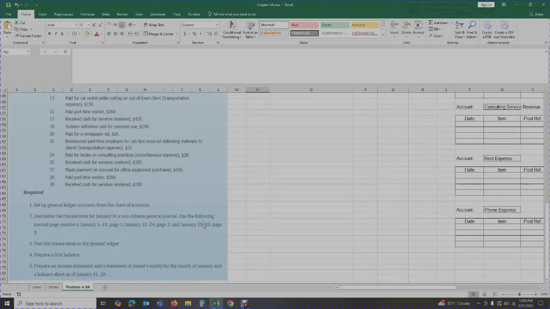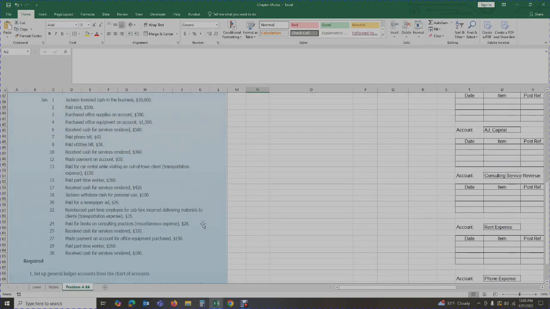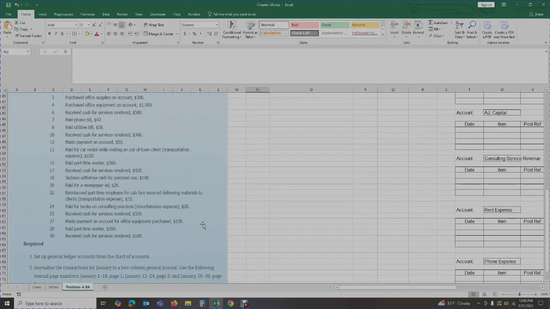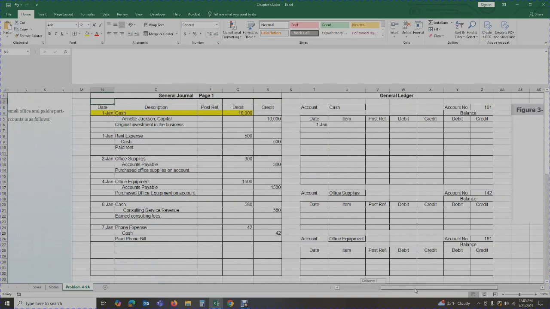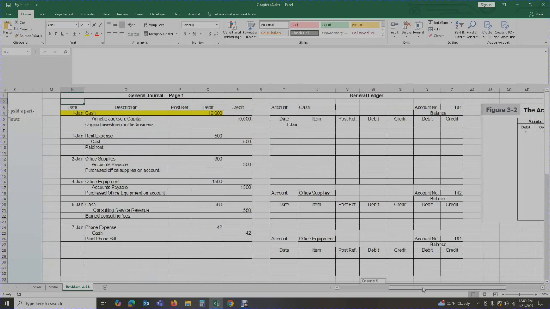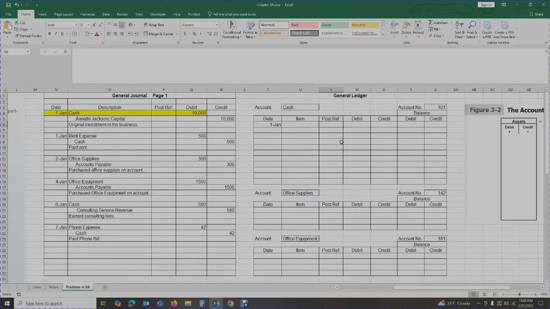So when you are working on this problem, make sure that you do have the breakdown of what goes into page 1, page 2, and page 3. For purposes of our example here, everything got posted to journal page 1. So on my post reference, I'm going to put J1, which basically means journal 1. That information is being retrieved from journal page number 1.